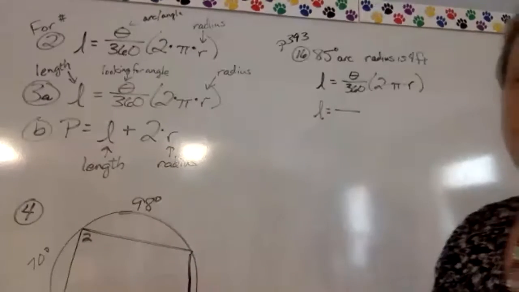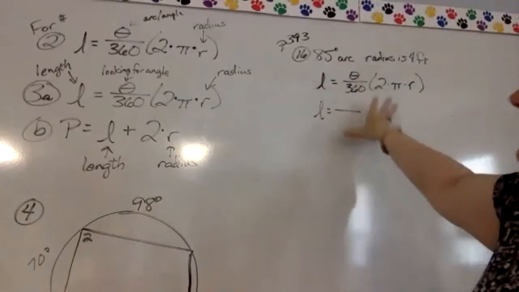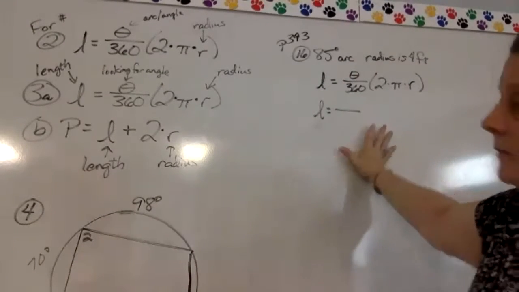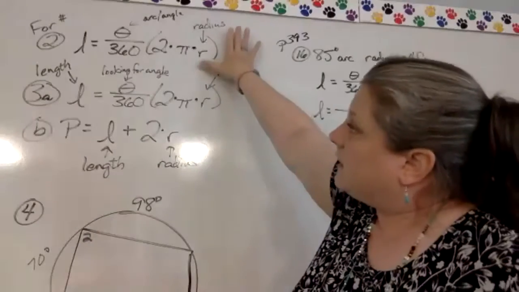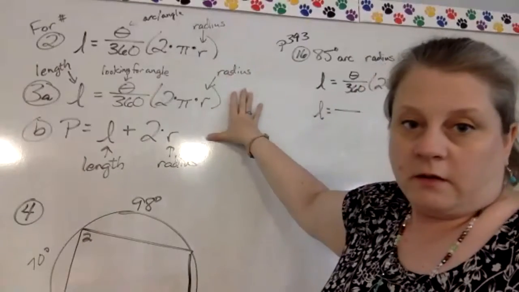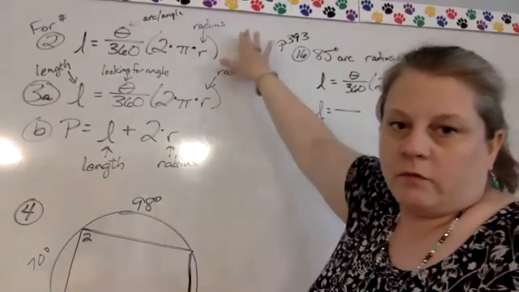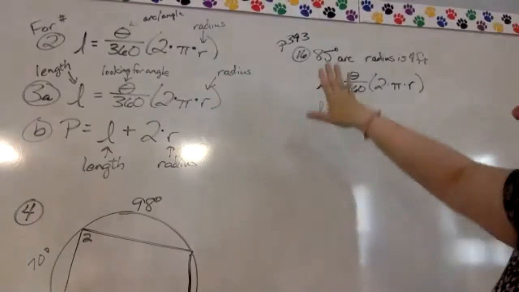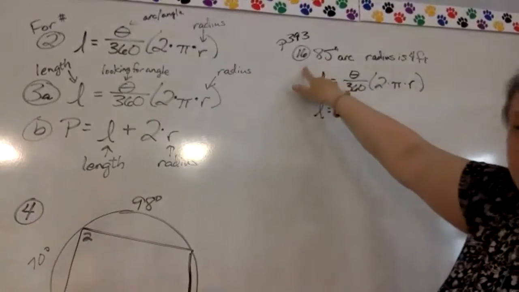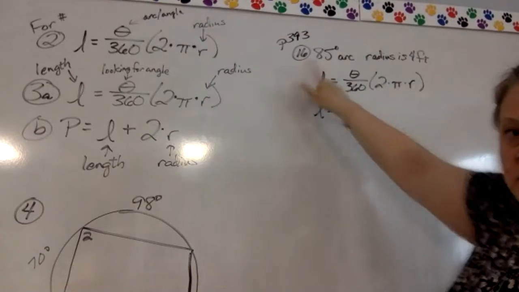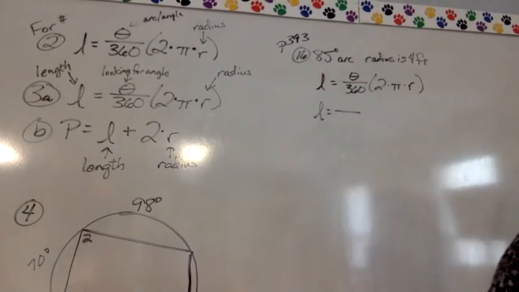Okay. Now, this example that I'm doing right here goes with numbers 2 and 3 on the quiz. I've got the formulas up here again laid out for you, what you use for each part. I'm doing this example that was number 16 from your chapter 8 review using that formula.